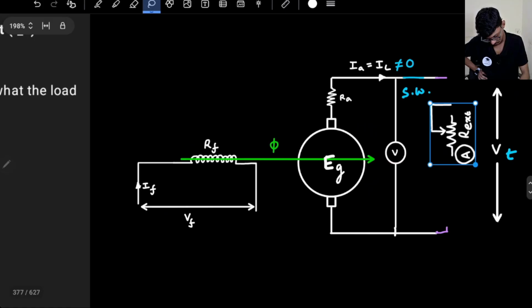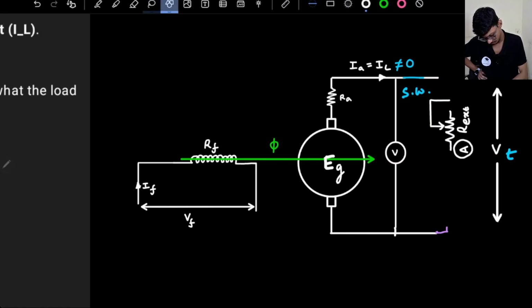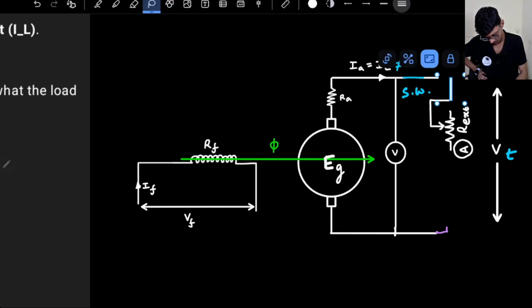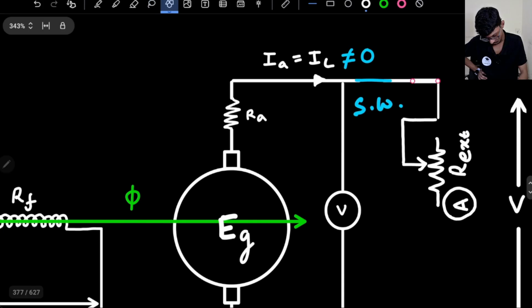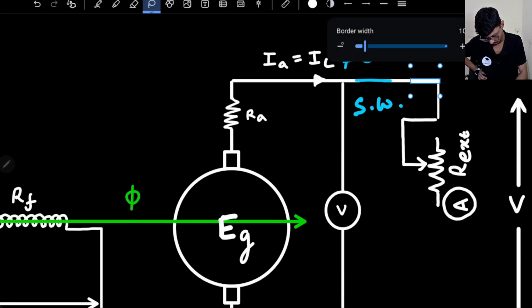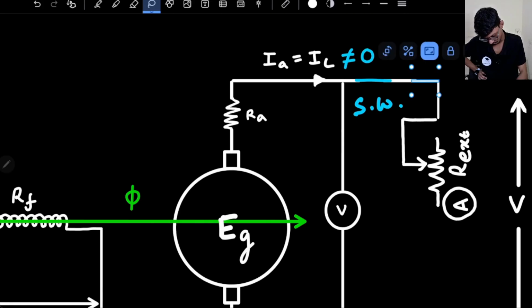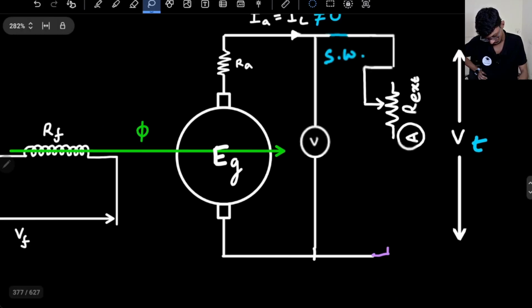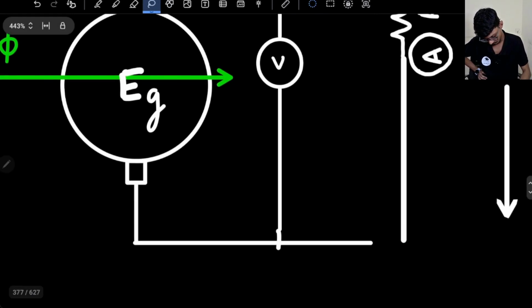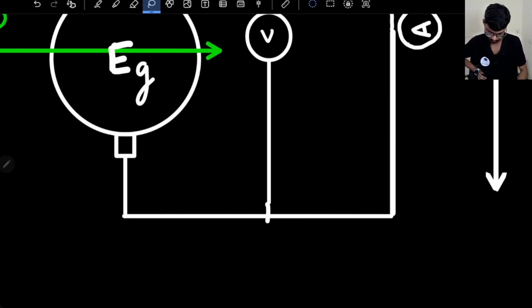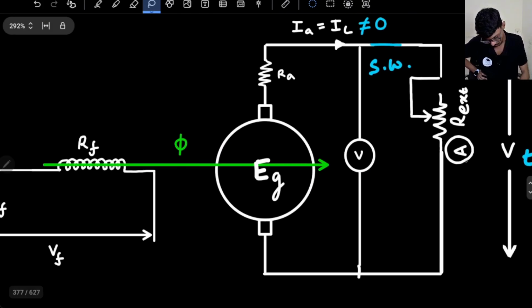This will be the value here. Ammeter should be here, right?